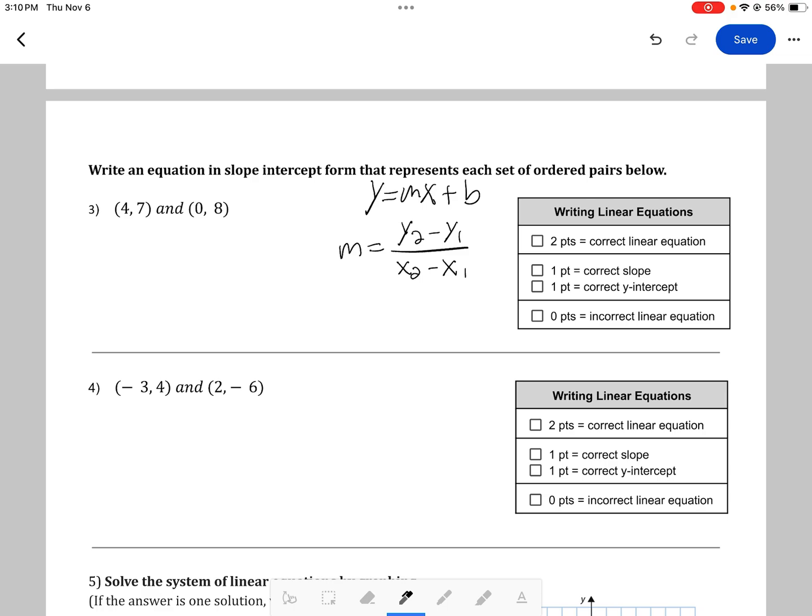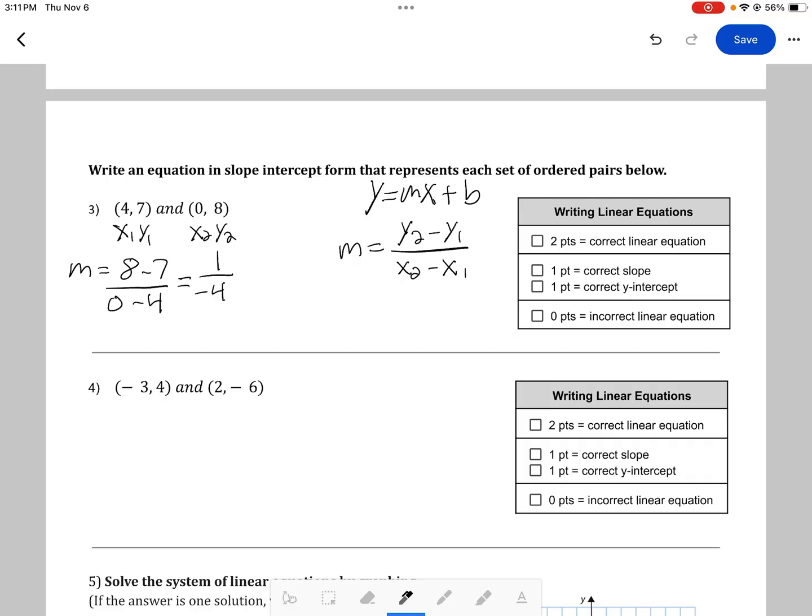So I'm going to label my ordered pairs x1 and y1, x2 and y2. I'm going to plug them into my formula. So m equals 8 minus 7 over 0 minus 4. 8 minus 7 is 1. 0 minus 4 is -4. So my slope is -1/4.